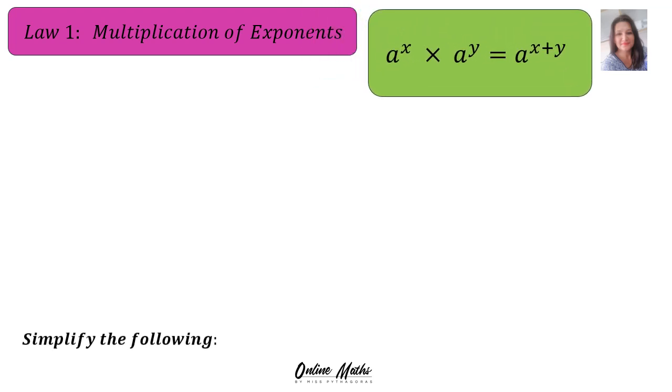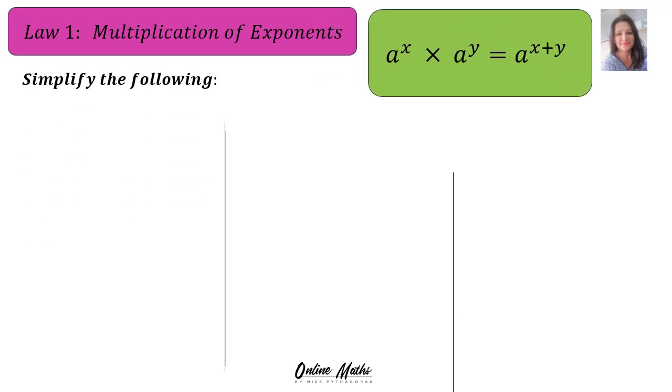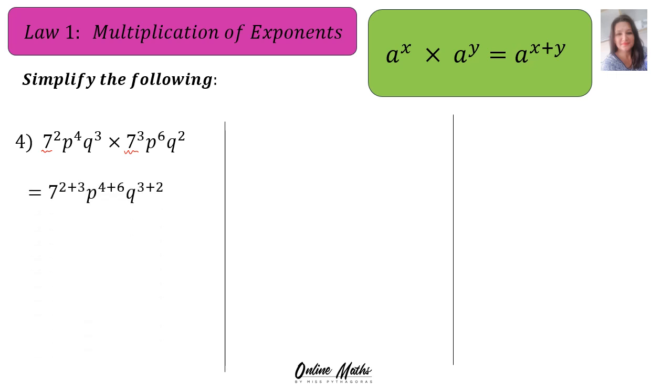There's the law. Let's do more examples. Number 4. So for this one, suddenly you find a 7 squared and a 7 cubed. Now it's still multiplication, the base is 7, so you will still just add exponents, and it becomes 7 to the power 2 plus 3.